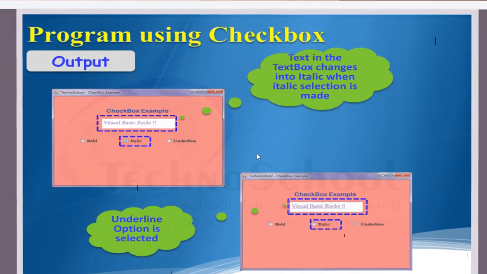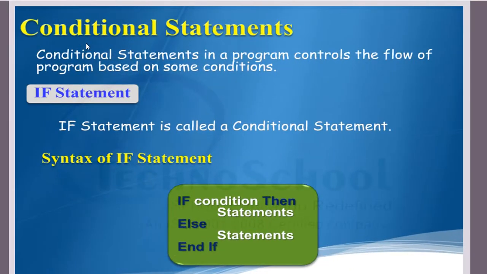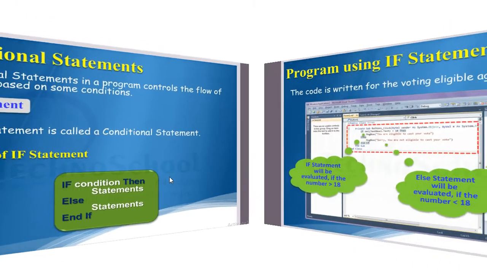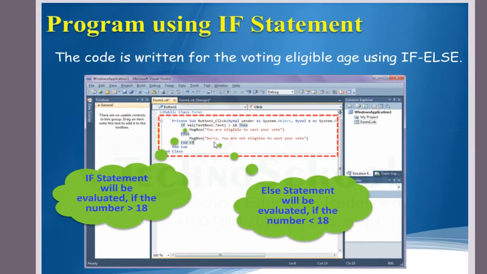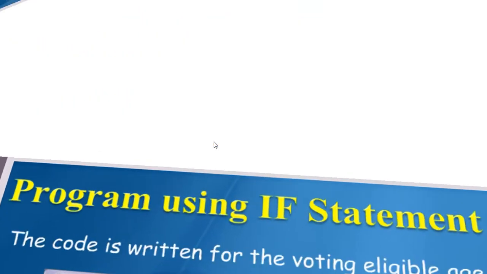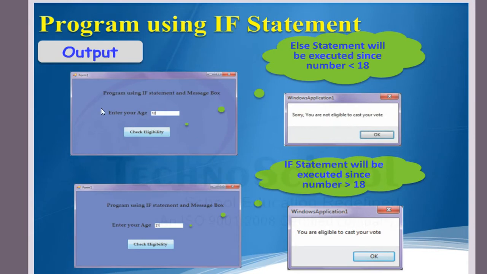After this, we saw the conditional statement, the if statement. This is the syntax for that, and we ran the program, wrote the coding, designed it, and got the output like this.